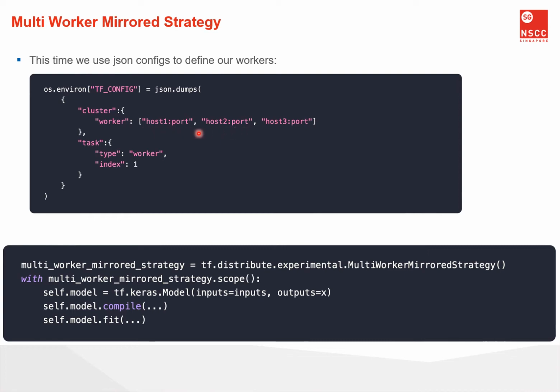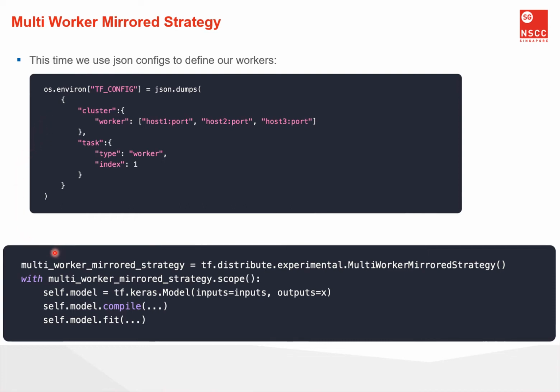There are three worker machines in this case, host 1, host 2, and host 3. And also the task that we're going to do on each of the workers, and the index. So this is the configuration, and it is definitely more complex than the one for a single machine.